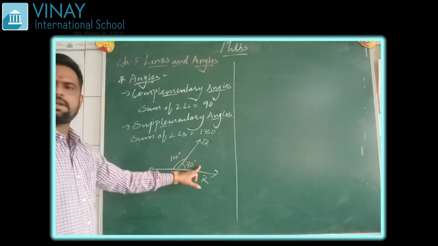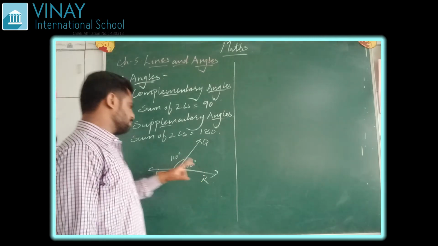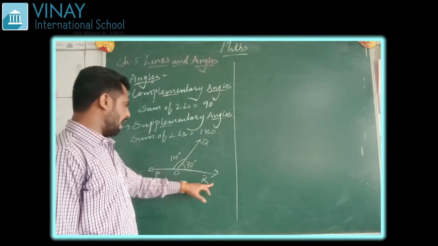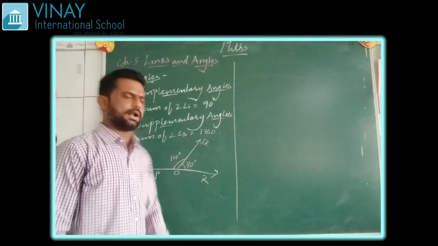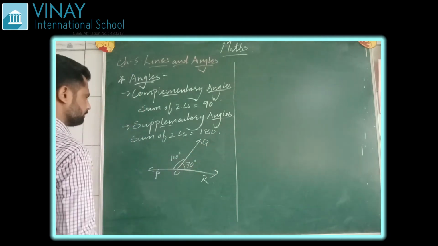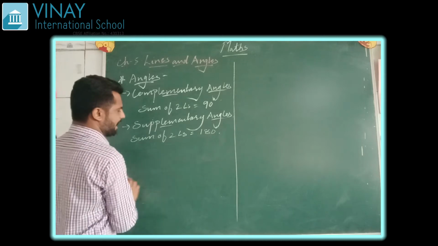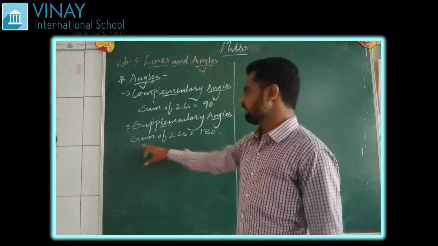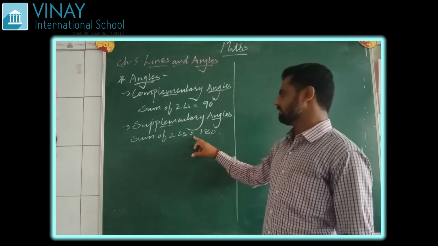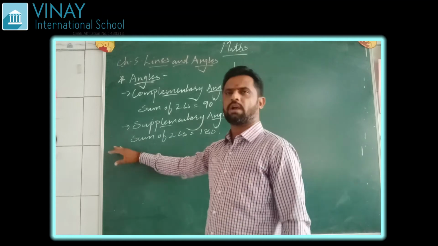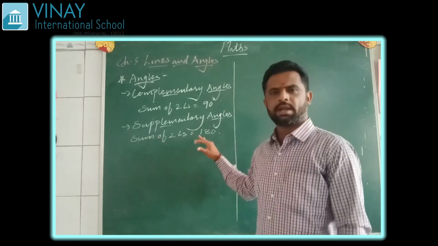If we add them, it will become 180 degrees. So we can say that angle POQ and angle ROQ are supplementary to each other. So supplementary angle means if the sum of two angles is equal to 180 degrees, those angles are known as supplementary angles.